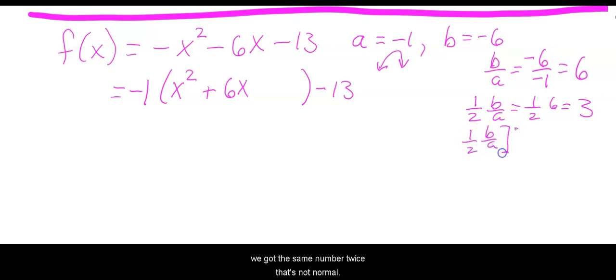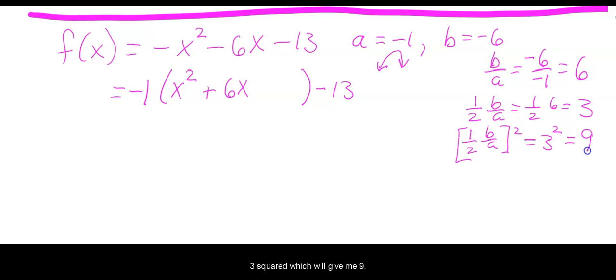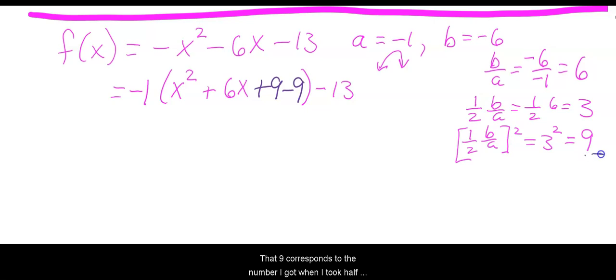That's not normal. And then I'm going to end up with 3 squared, which will give me 9. So I'm going to add 9 and subtract 9 inside the parentheses. That 9 corresponds to the number I got when I took half of b over a and squared it.